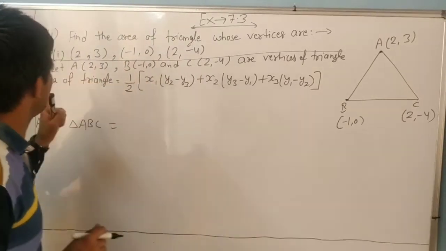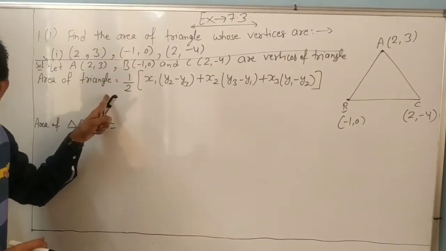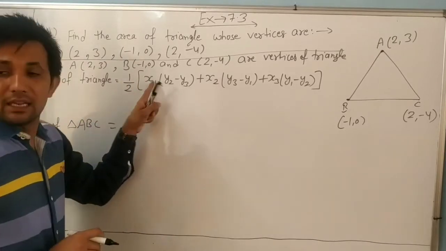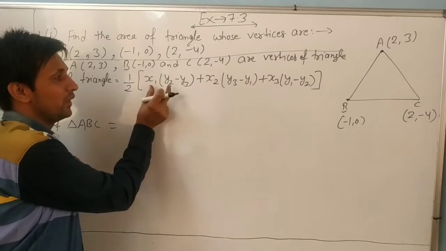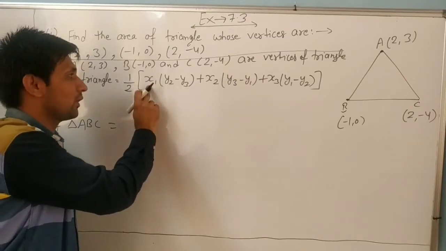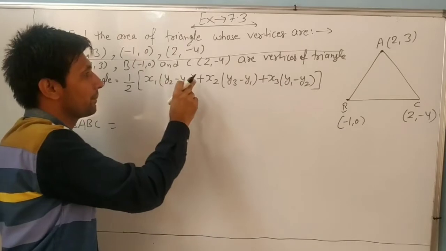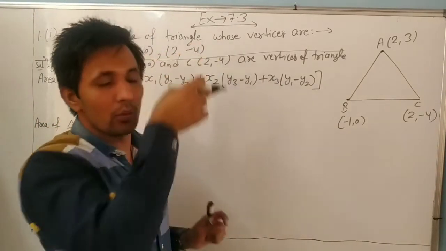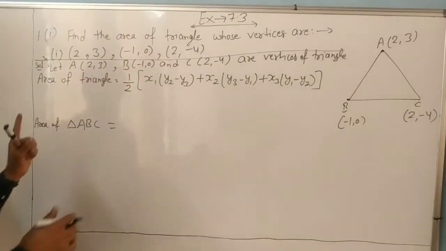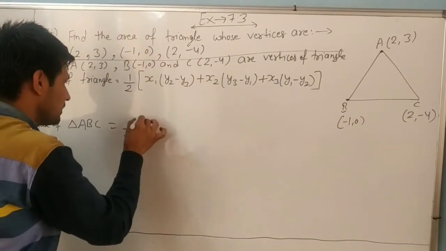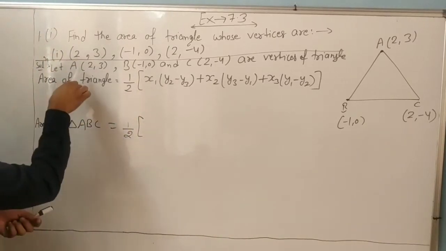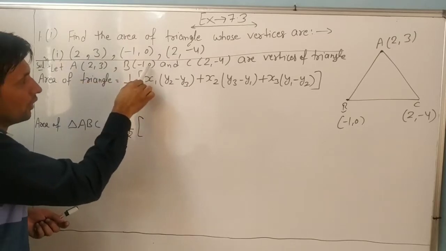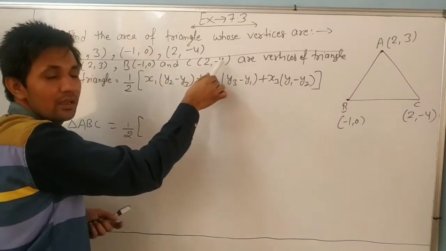So first we will write the formula for the area of a triangle. How to write it? 1 upon 2, bracket start, multiplication of the x coordinate with the difference of the y coordinates: x1 into y2 minus y3, plus x2 into y3 minus y1, plus x3 into y1 minus y2. Now always remember A, B, C are x1 y1, x2 y2, x3 y3.